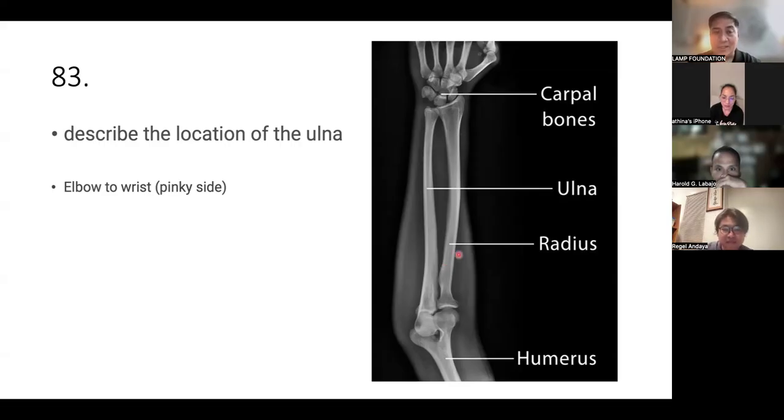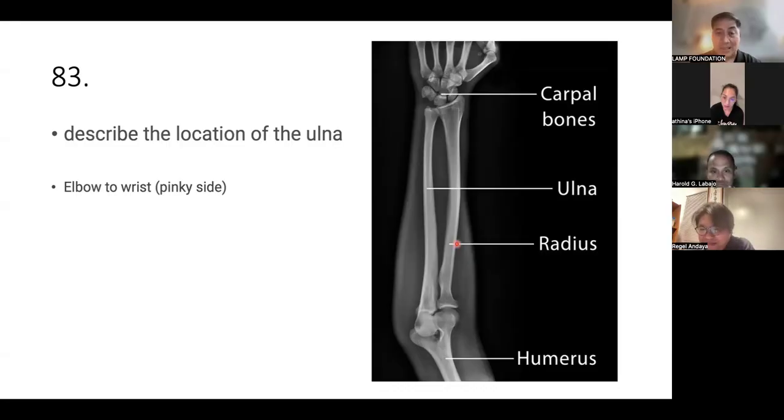Where is the radius? Is it the medial or the lateral? Using the anatomical position. Medial. How is the anatomical position? It's the radius is the lateral.